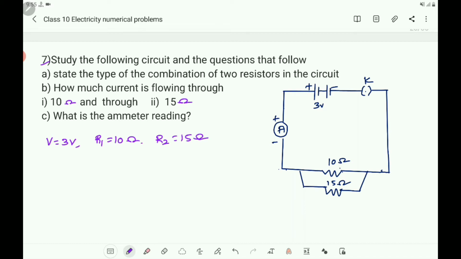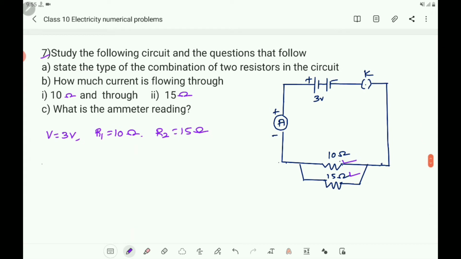Then first you have to find out, state the type of combination of two resistors in the circuit. You know that the two resistors are connected in parallel combination. What is the answer for the question A?